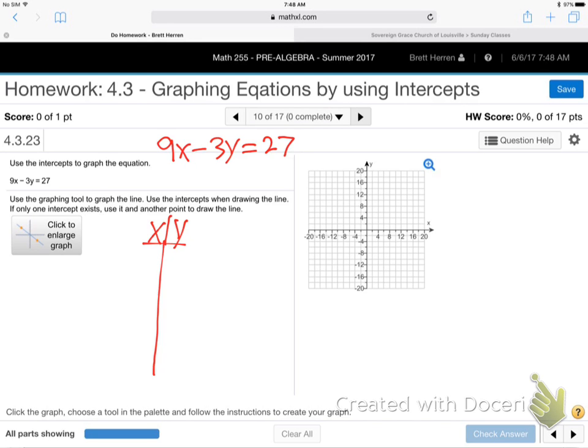So double zero table again, right? So the double zero table. Plug in. Careful with all your signs.